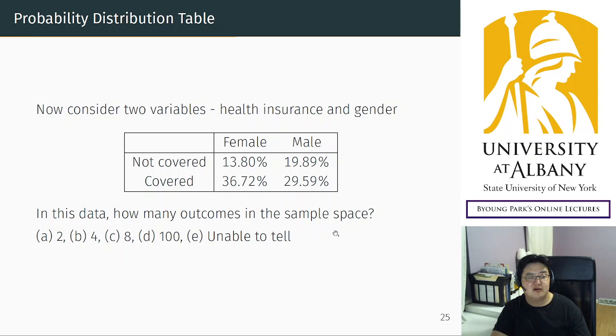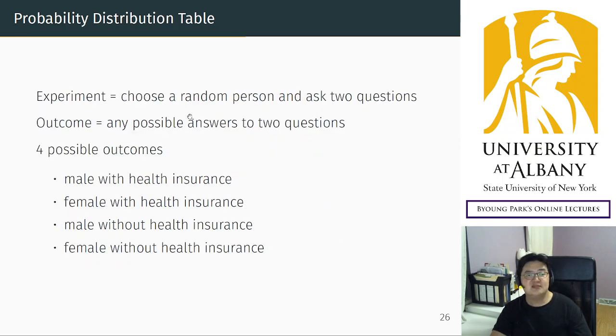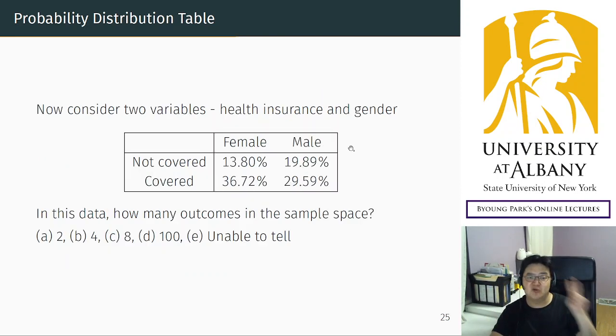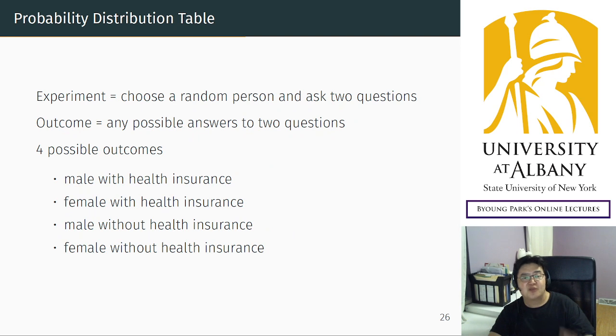The answer is 4, because think about the experiment. One experiment is one person, which equals two answers. Because we are considering only two variables, from this table there are 4 possible combinations of answers: male with health insurance, female with health insurance, male without health insurance, female without health insurance.